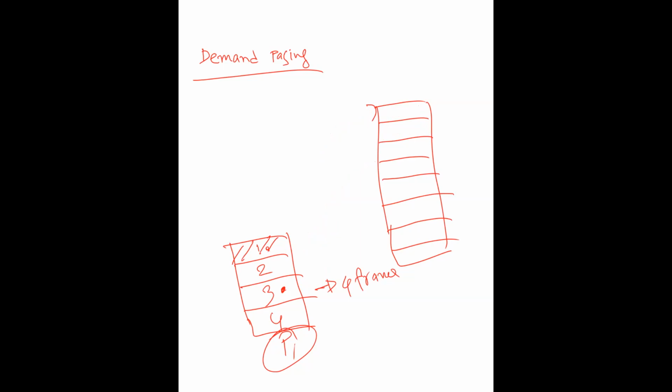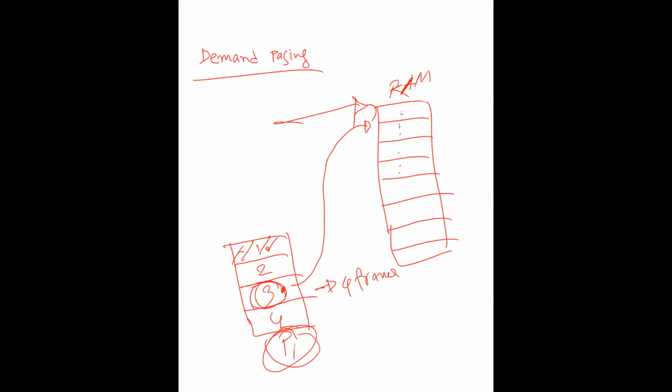When the CPU requests data from page number 3 of process P1, that page is not available inside the RAM. This means there is a page fault, and then your OS will send page 3 from the disk to memory.